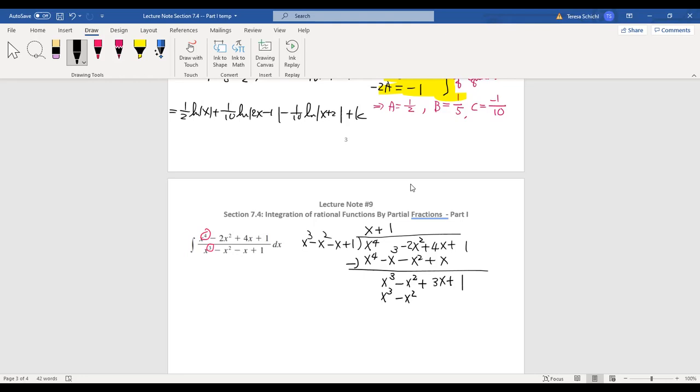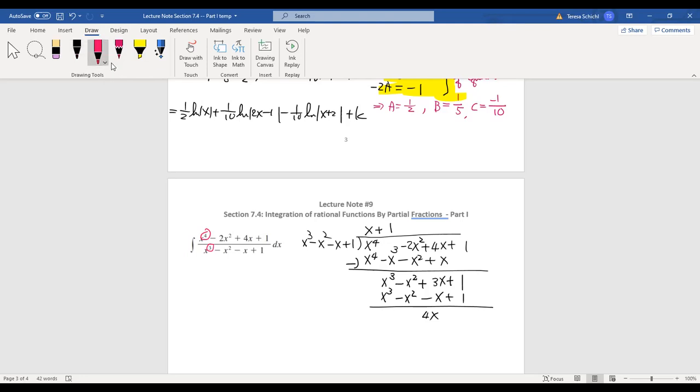And then 1 times negative x is negative x, and 1 times 1 is 1 here. So in here, x cubed cancels, and 3 minus negative 1 is 4x. 1 minus 1 cancels, that's good.